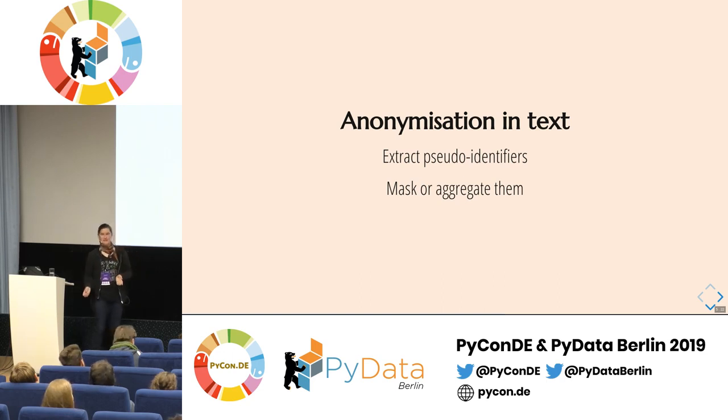We don't have a complete solution yet. One idea might be to extract every pseudo-identifier and treat them the same as personal identifiers, or at least aggregate them. For example, if you've got a number and you think it's an age, you remove it and add an age bucket instead.